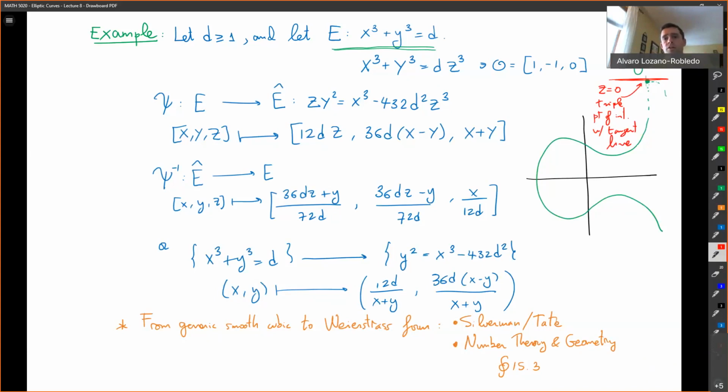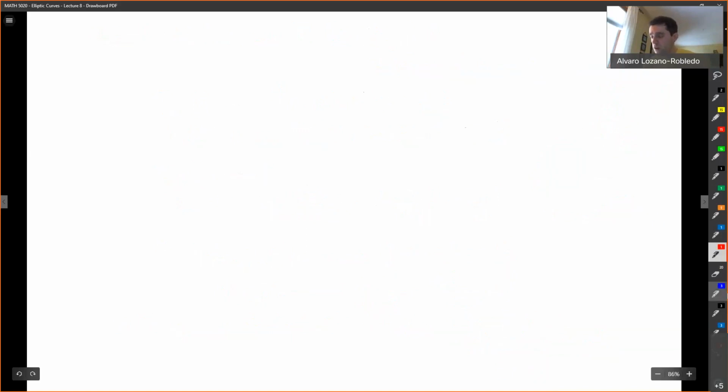So there is a strategy to this. This is not just some magical change of variables that I found by working very hard and looking at it for hours. There is a method to do this, and it can be explained, but not here. Okay, so without further ado, we actually go on.